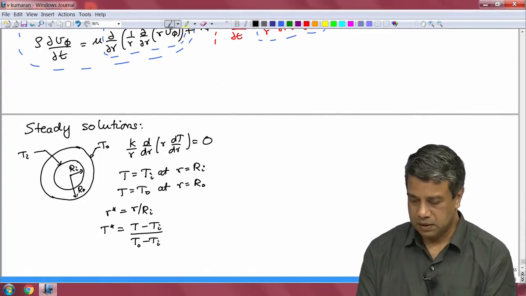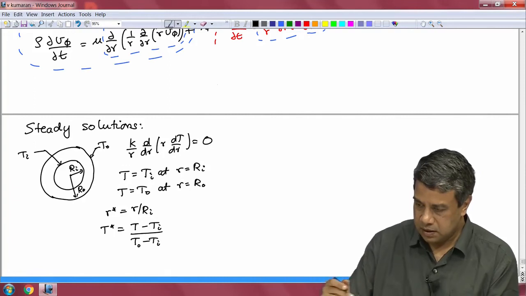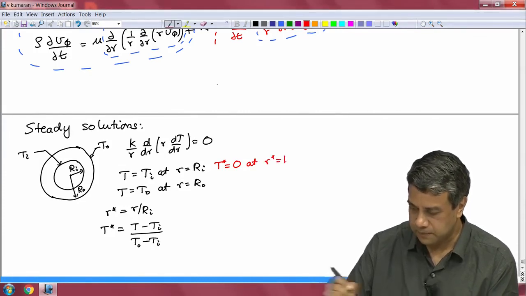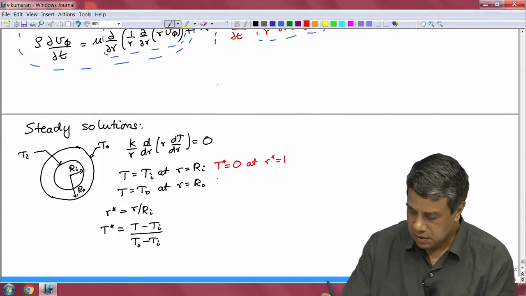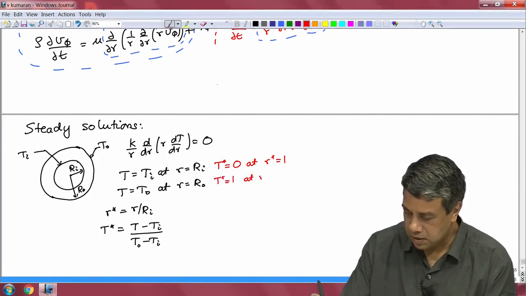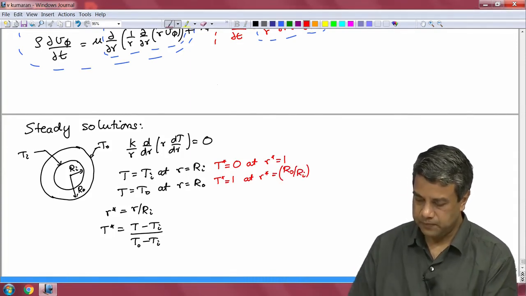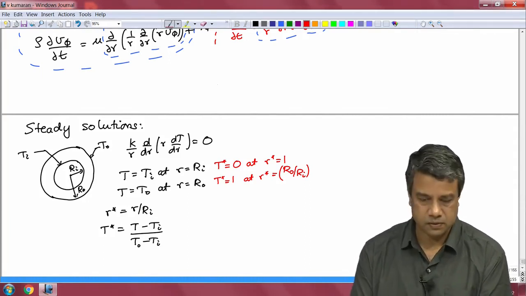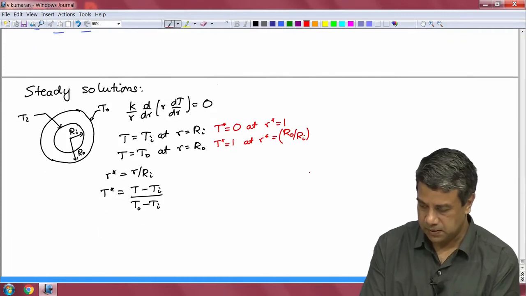That would imply that the boundary conditions are T star equals 0 at r star equals 1, and T star equals 1 at r star equals Rho by Ri. When r is equal to the outer radius, then r star is equal to Rho by Ri.